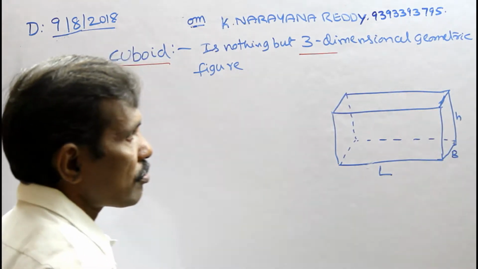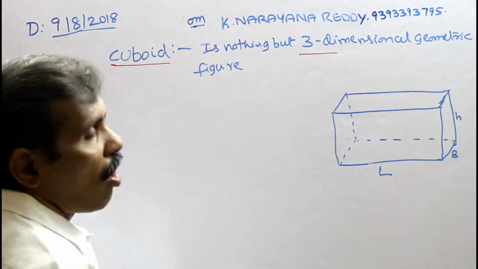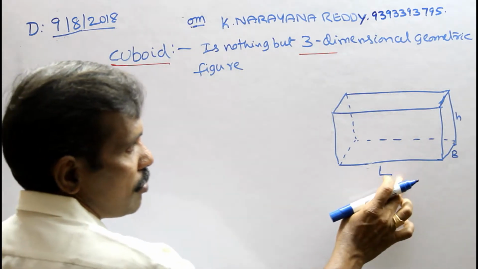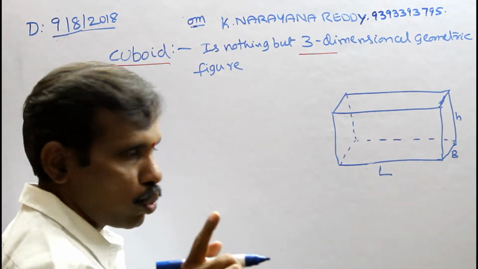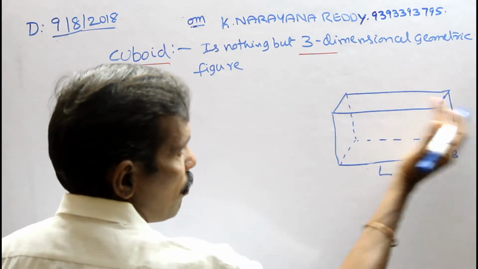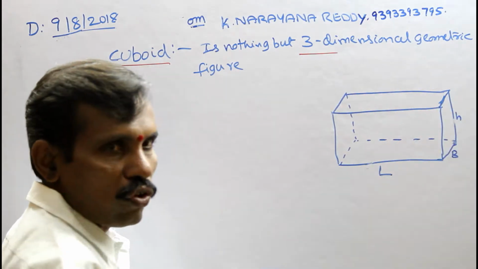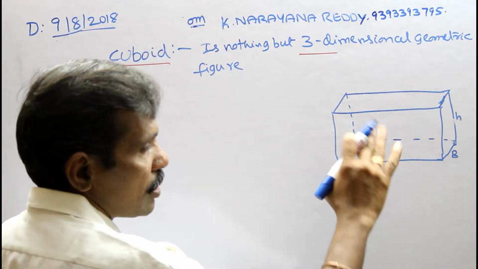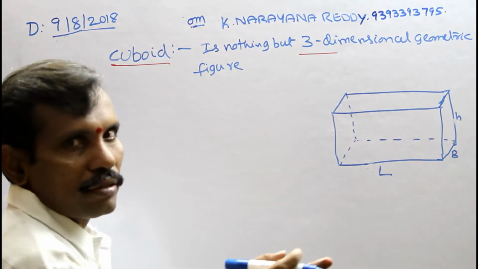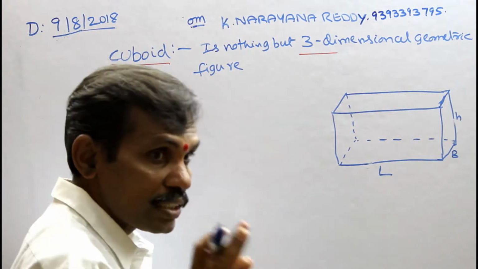Three-dimensional. How many faces are there? Bottom, top, left to right, front, back. So there are total 6 faces.